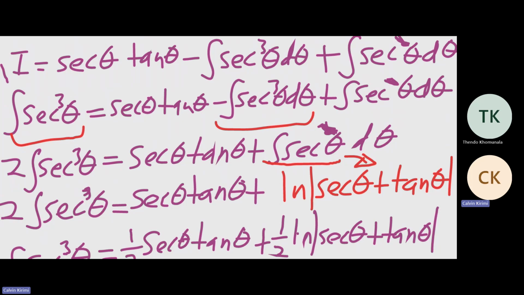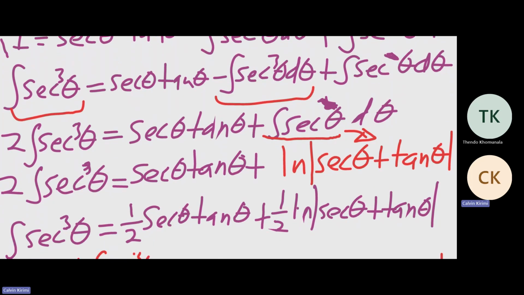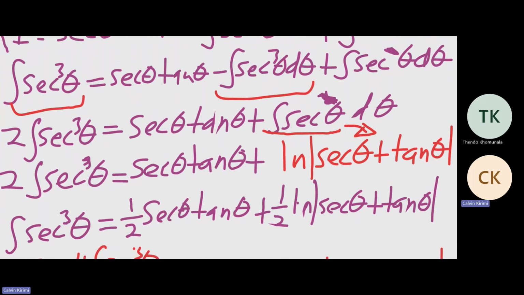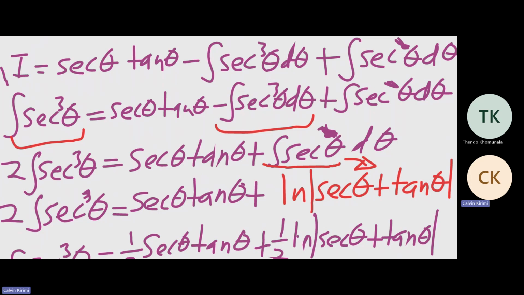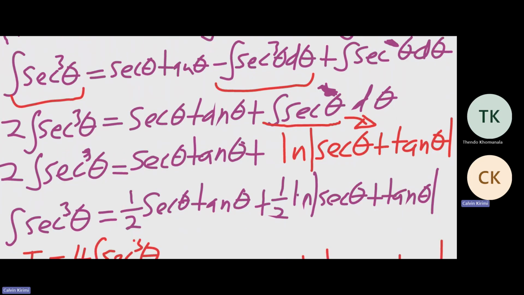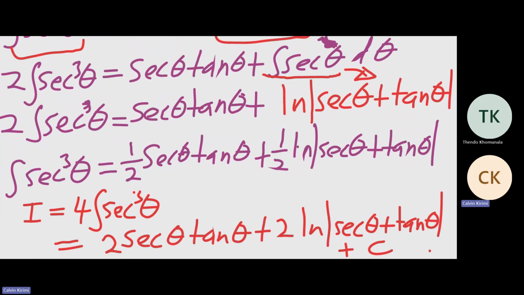That's where the 2 is coming in. 2I is equal to secant theta tan theta plus the integral of secant theta d theta. You must know the integral of secant theta is ln of secant theta plus tan theta. Then we integrate and we know the answer. Now we knew that the original I was being multiplied by 4, so we multiply the coefficients.